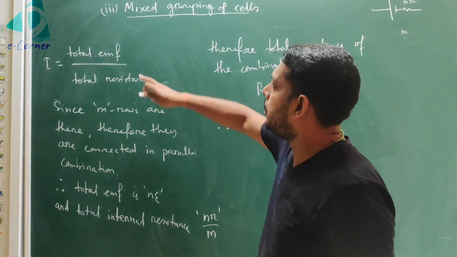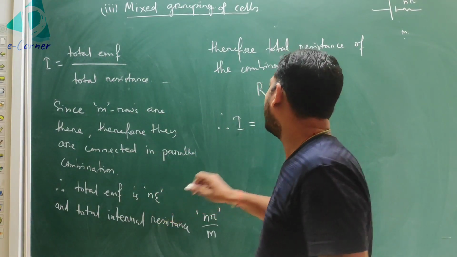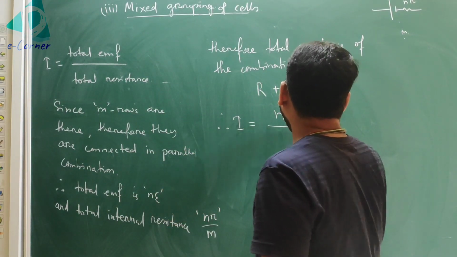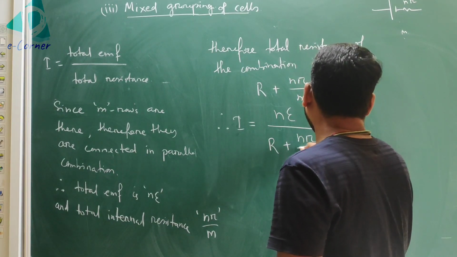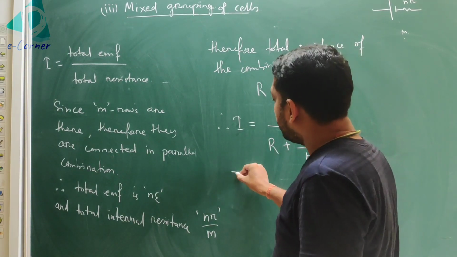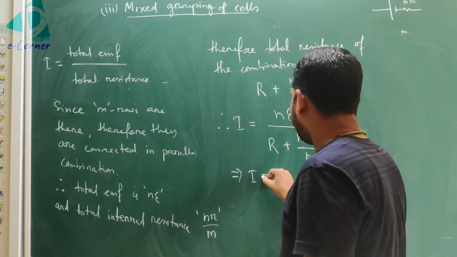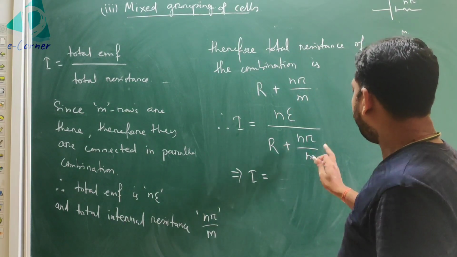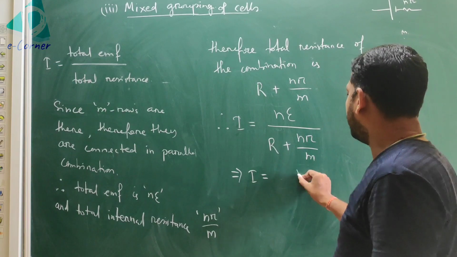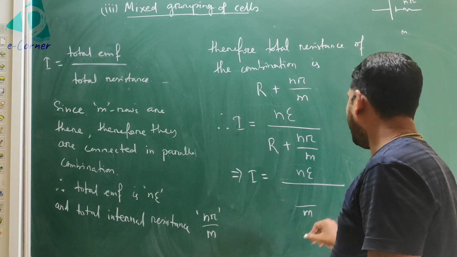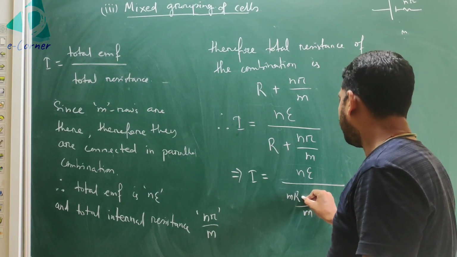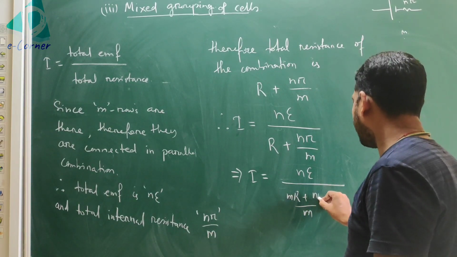Therefore, current I is equal to what? Total EMF is nothing but your nE divided by total resistance, which is R plus nr upon m. Now we will simplify this. When we consider LCM here, divided by m, this is mR plus this is nr.